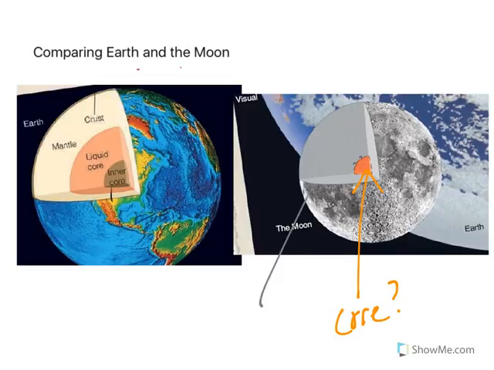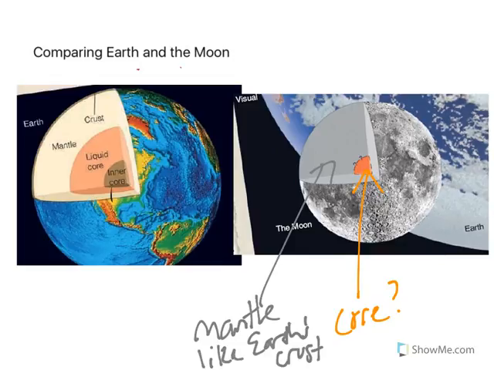The rest of the moon is this mantle, and it's mainly a composition like Earth's crust. So even though the Earth has a mantle, that composition is more of a plastic, pliable material, whereas the mantle of the moon is more like the crust of the Earth.